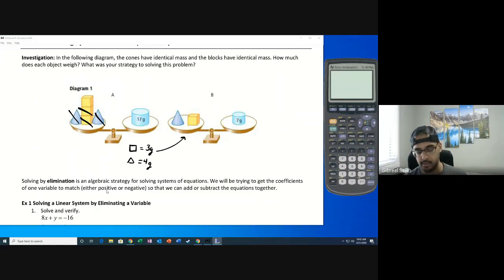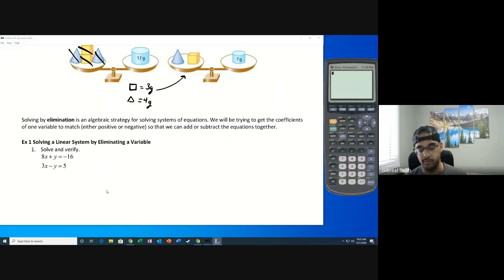Now, if you've got the same sign for your coefficients, so let's make a little note here: same sign, we're going to subtract. Think back to grade 8 when you learned about integers and zero pairs. If you had the same sign, the same color for your bingo chips, the only way for them to cancel was subtraction.